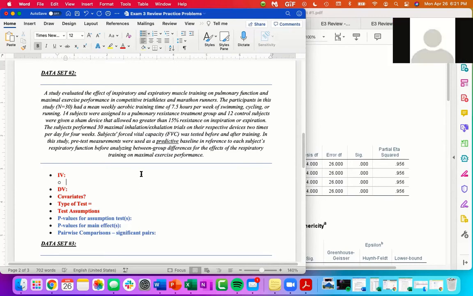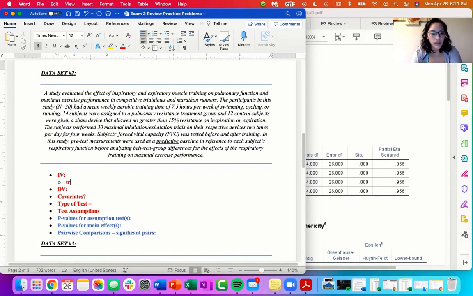Would it be inspiratory and expiratory muscle training for the independent? Yeah, the type of training program. So we'll just call it training program. We've got pretty much 2 groups, right? There's the ones that get the pulmonary resistance, and then the other people, it's basically like a placebo group.